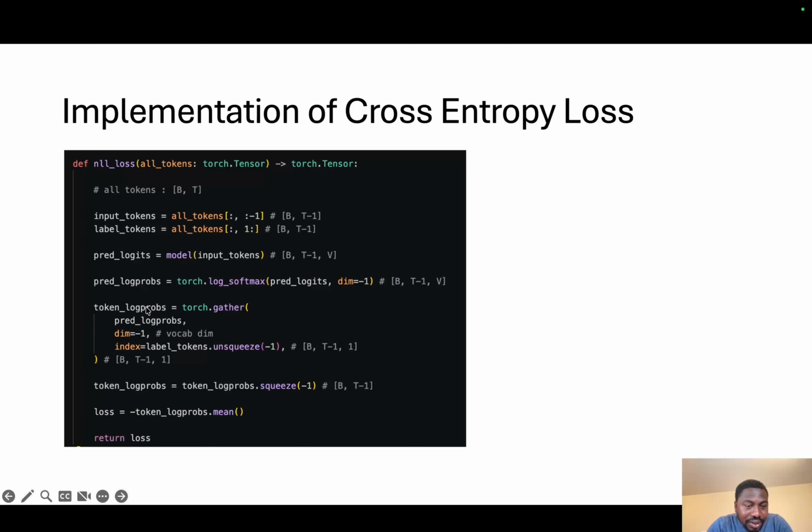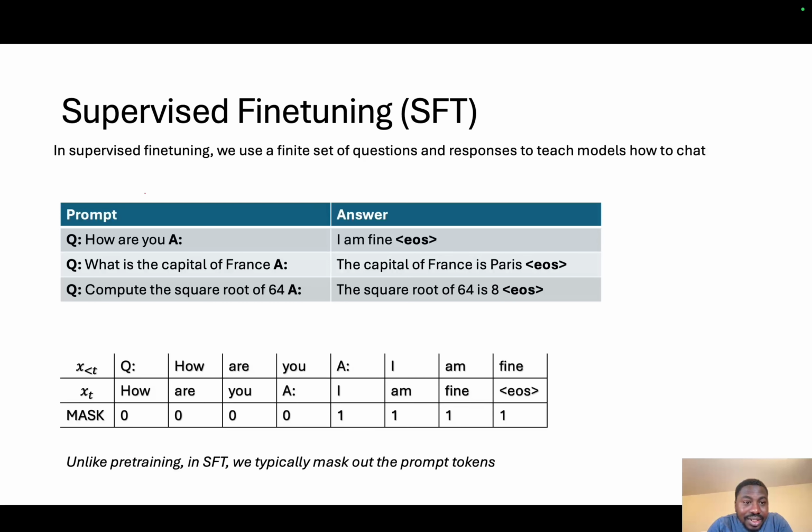This gives us the token log probs that the model assigned to the actual next token, and we take a mean over that, and with the negative, that gives us the cross entropy loss.